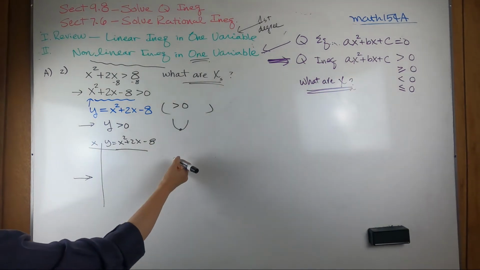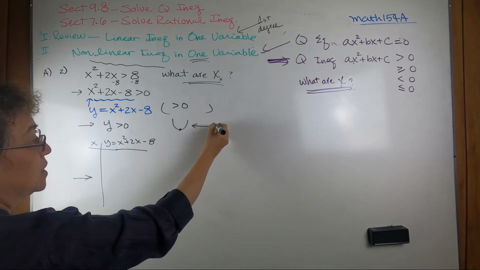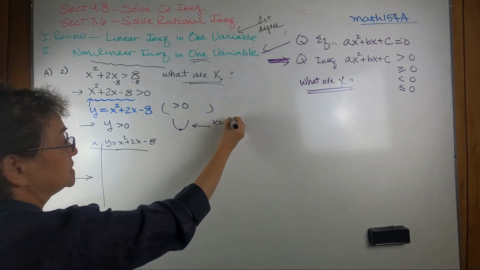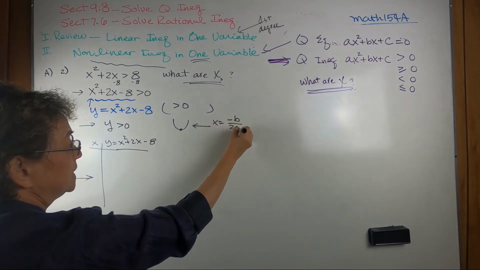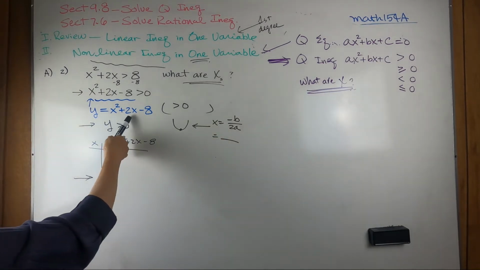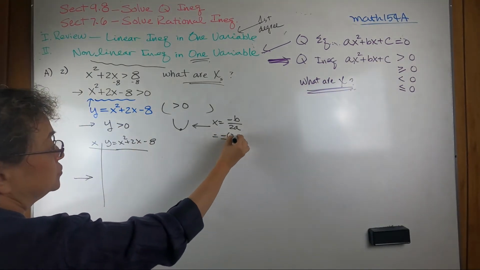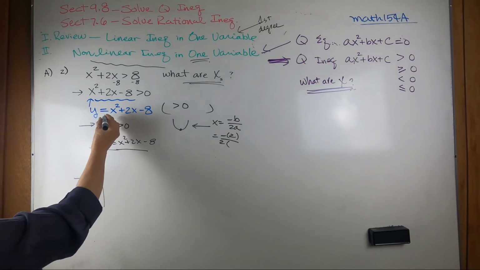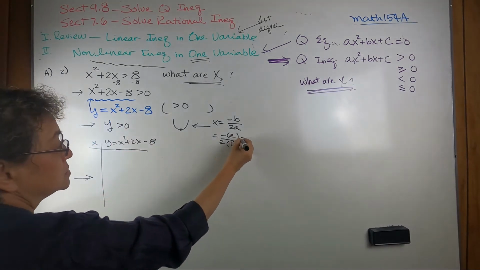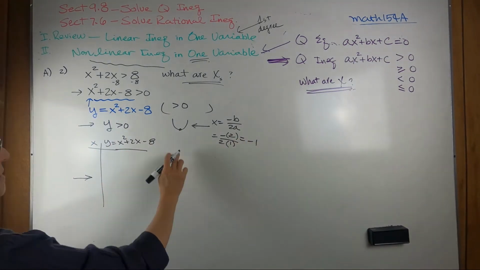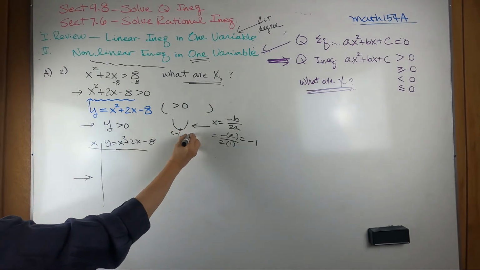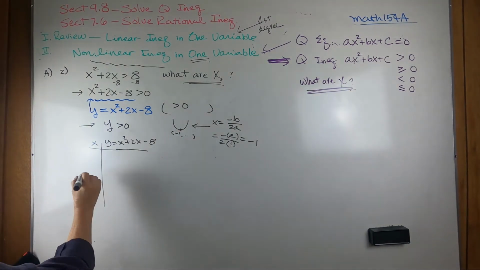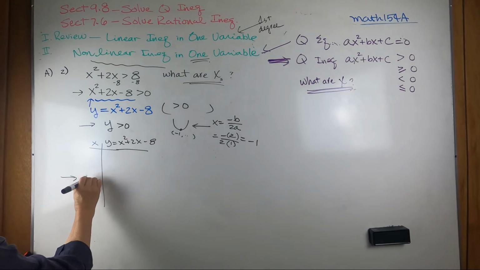Then what's our vertex? We learned the property is x equals negative b over 2a, right? b is 2, so negative 2. 2a is 1. So your vertex is x equals negative 1, right? So you put it here in the middle, negative 1.